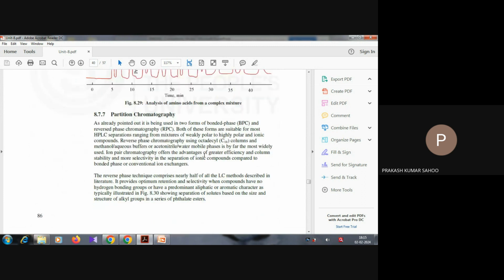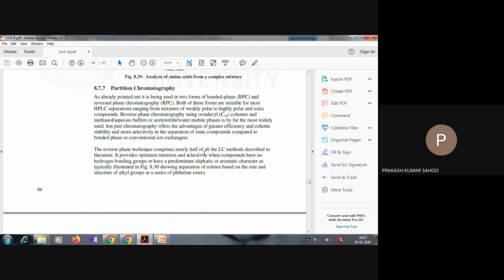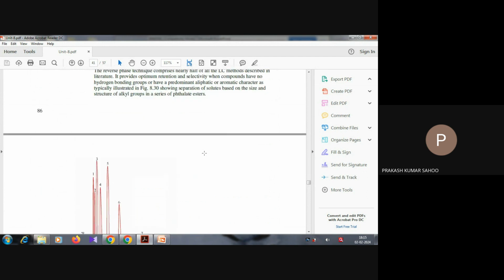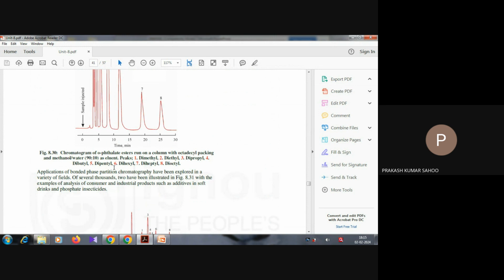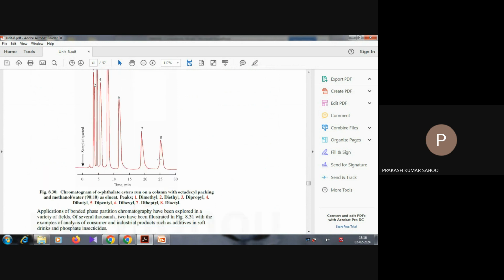And partition chromatography is also liquid chromatography. Partition chromatography is there for different organic samples. This is dimethyl, diethyl, dipropyl, dibutyl, dipentyl, dihexyl, diheptyl, dioctyl. So these compounds, ortho phthalate esters, are separated.